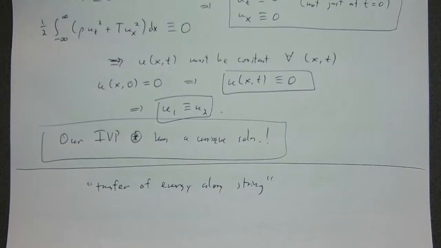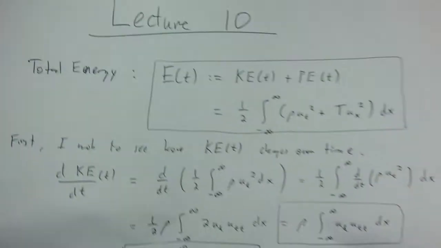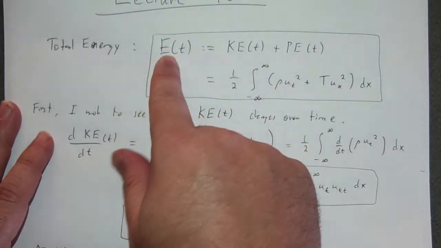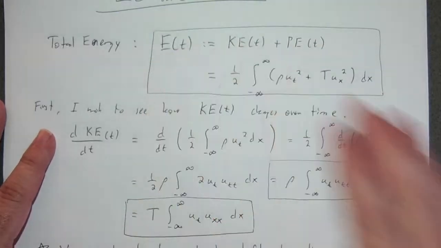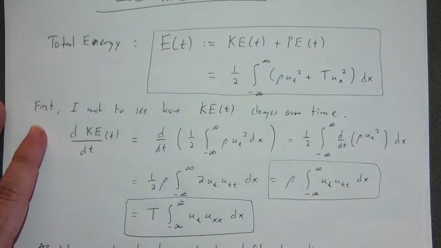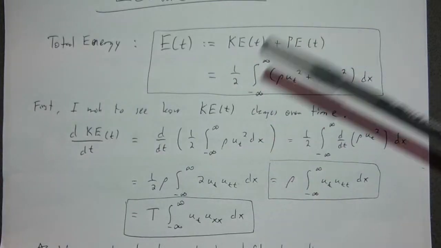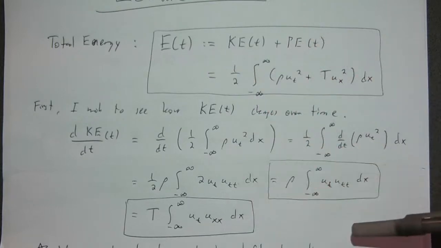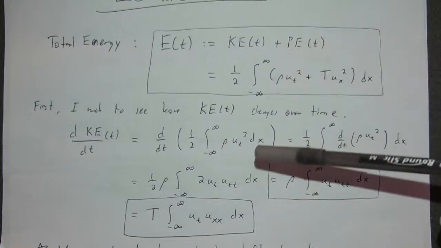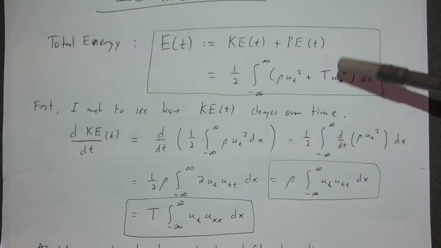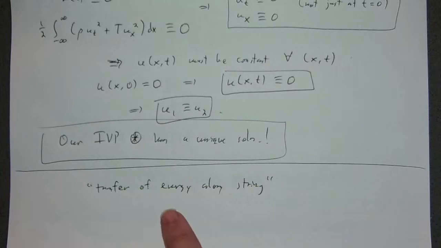One thing to note, going back to this, is that while the total energy is conserved and is constant, it's not true for the kinetic and potential energy. The kinetic and potential energy are going to vary at different times t, but it's the total energy that remains constant. So when we're thinking about wave propagation modeled by the wave equation, what is it that's transported along the string?